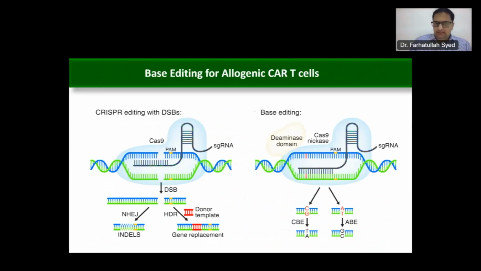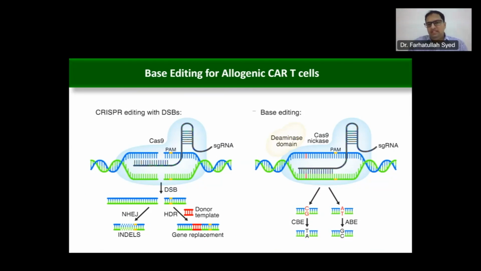So the importance of CRISPR-Cas is good, but how we can get rid of some issues. The importance of the double-stranded break is really here, because it can cause a lot of off-target effects.